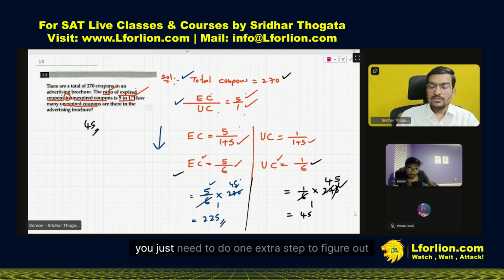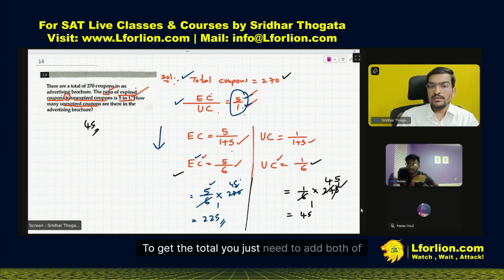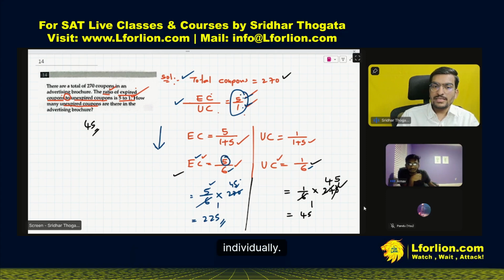So you just need to do one extra step to figure out what part of the total the given thing is. To get what part of the total, you just use the ratio. If they are in this ratio, it means there are 2 parts involved. To get the total, you just need to add both of them. You'll get the total and you know the parts individually. You can see if the total is 6, 5 is here, 1 is here.